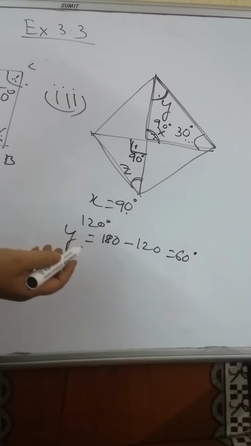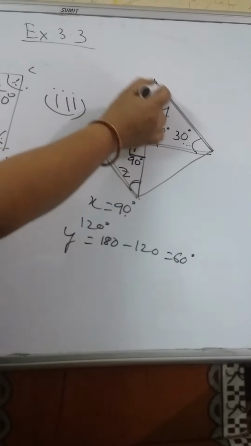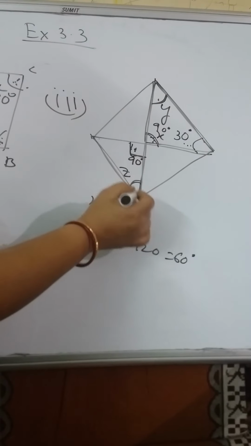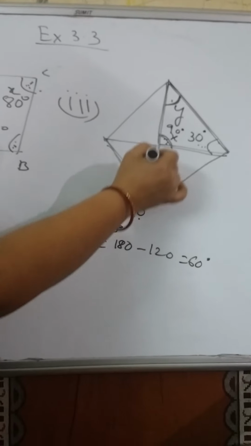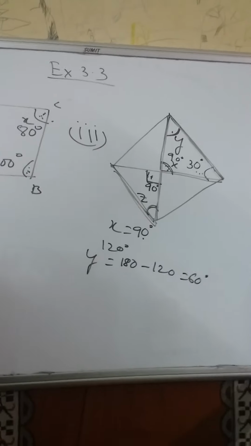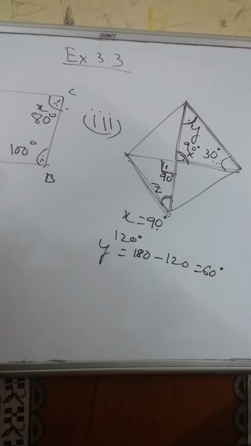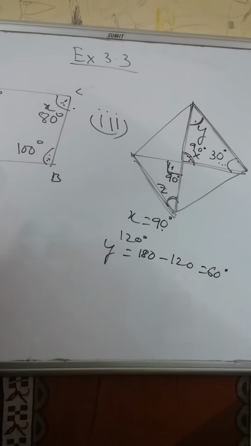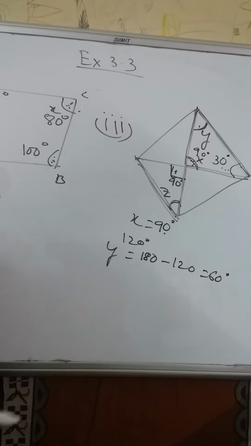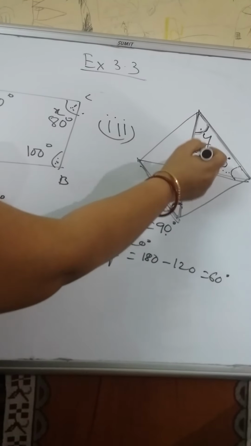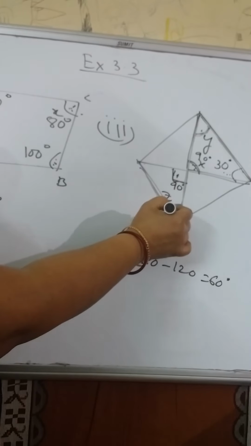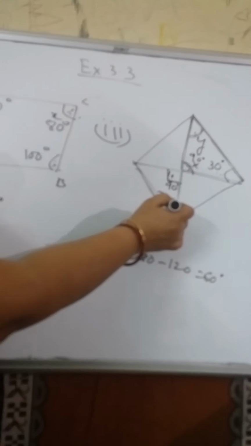Now this angle and this angle are alternate interior angles because these are parallel lines, as it is a parallelogram. Opposite sides are parallel and this is a transversal. So these angles form a Z. If you remember, I told you in class 7 also, when two parallel lines are joined by a transversal, if they form a Z, those are alternate interior angles. So y and z are alternate interior angles, and they will be equal in measure.